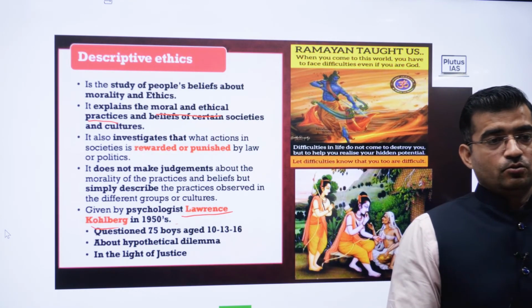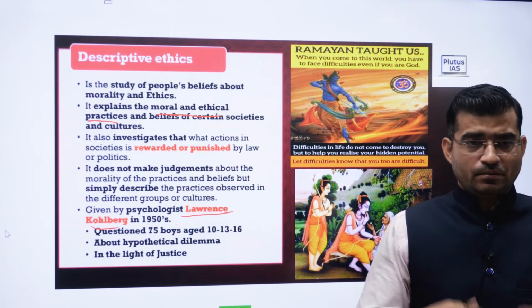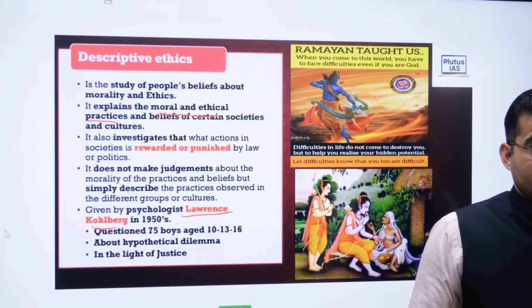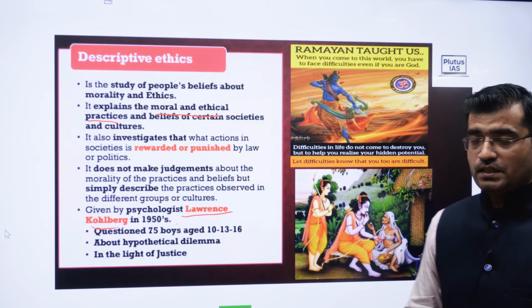So in this way we can correlate it with some examples. Whatever Ramayana or Mahabharata teaches us is actually explaining the ethical behavior that has been initiated during that period of time.